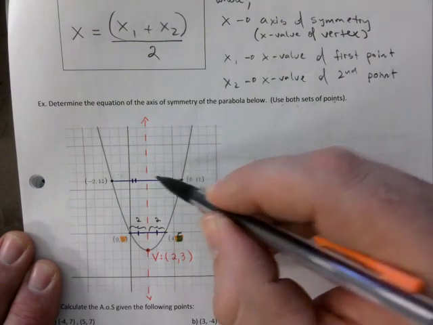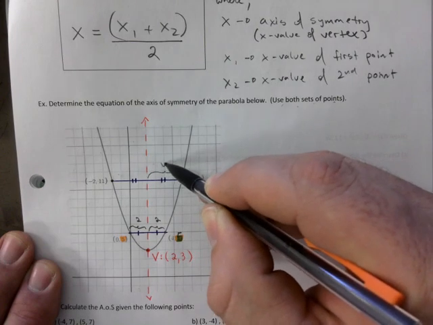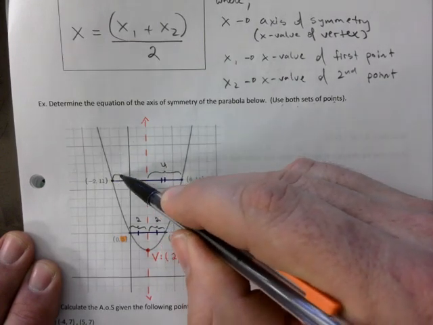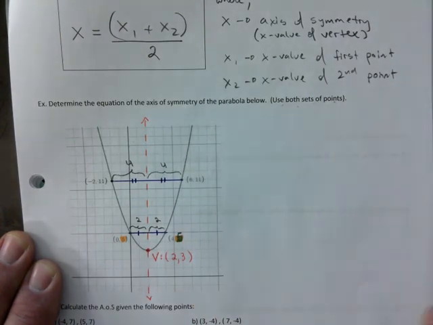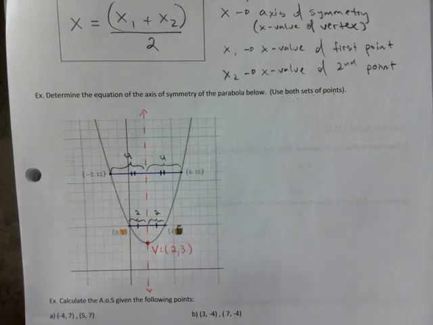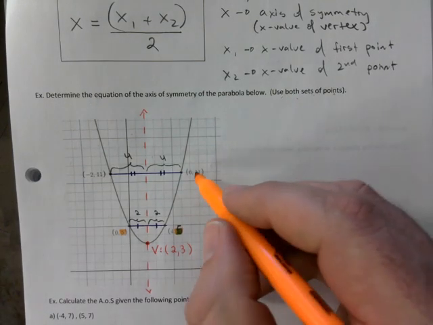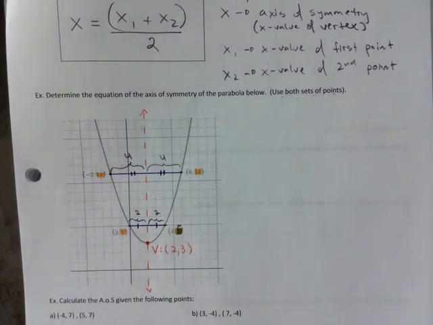In this case, it's 4 units. It's also going to be 4 on this side. And I will also point out that in this case, both of their y values are also the same.